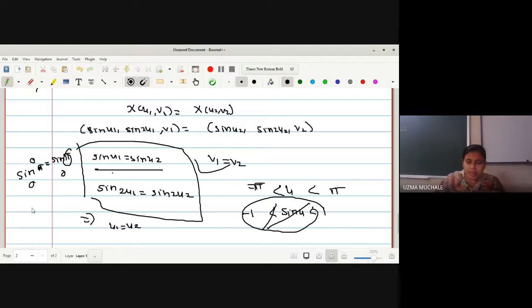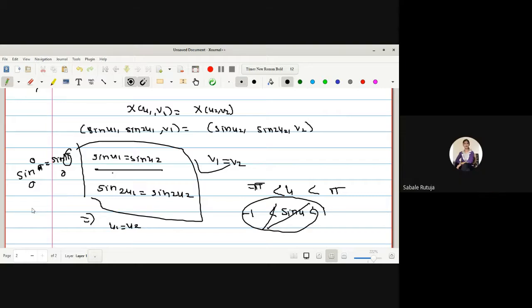ऐसा कोई दूसरा एंगल है क्या वहाँ पे जिसका वैल्यू अगर sine of that angle is equal to sine of another angle, so can you say that u1 is equal to u2? Are you getting me?